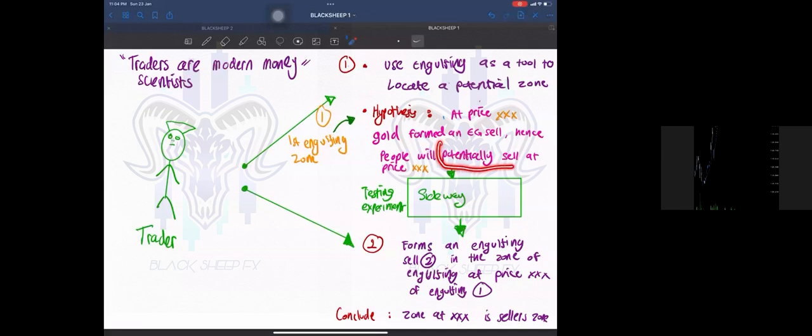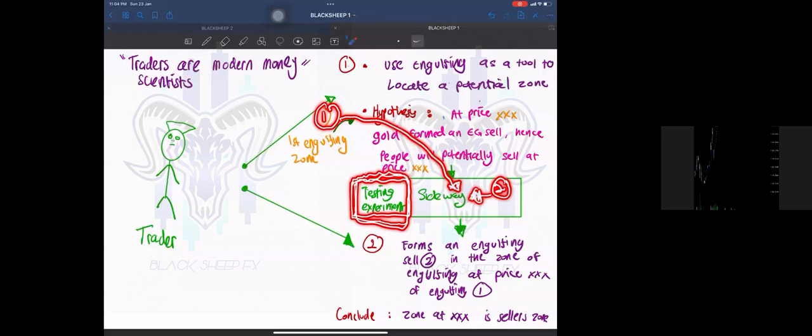So "potentially" is the word, but in order for you to sell, you need to do some testing. This testing period, or experimentation period, is what I refer to as the sideway. Meaning after number one has happened, number two has to happen first.